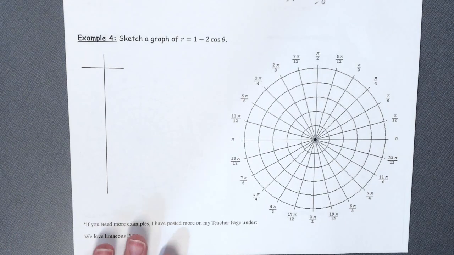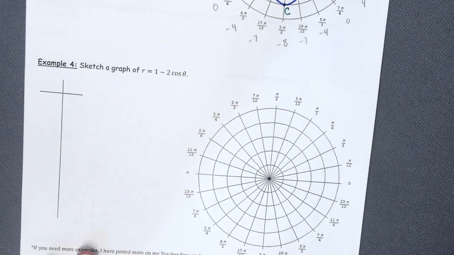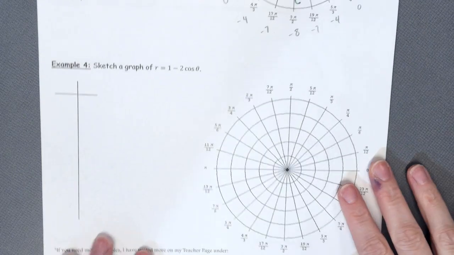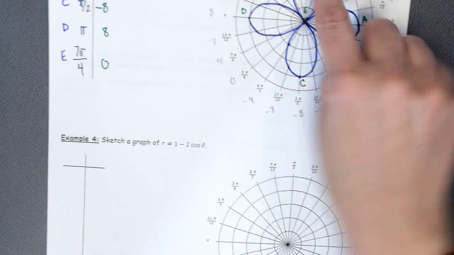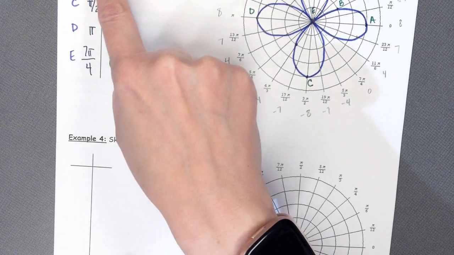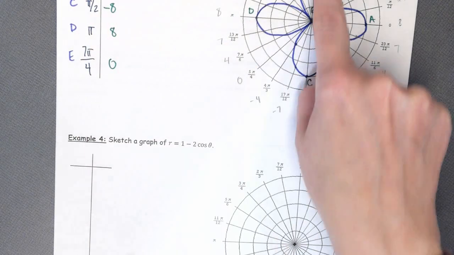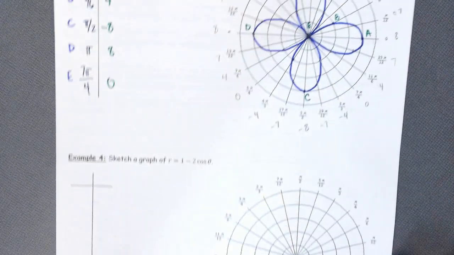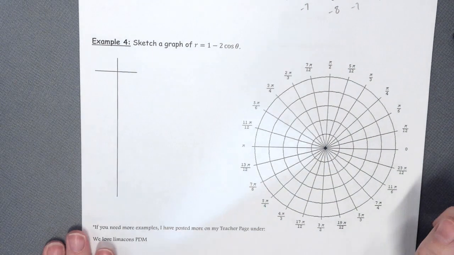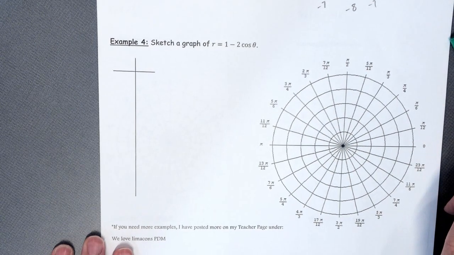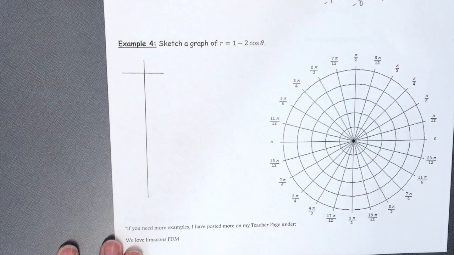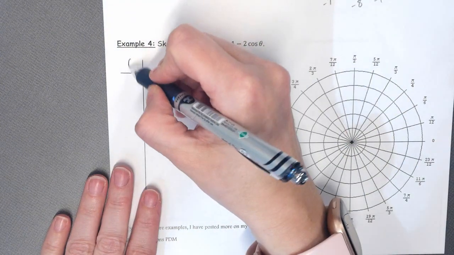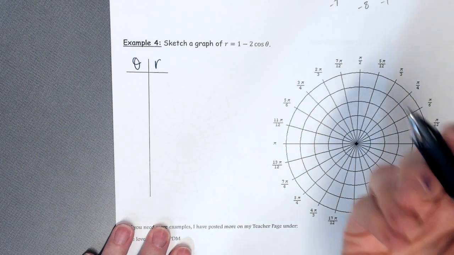And that way I don't have to look back and forth. If you guys are better at that, you don't have to do that. I just feel like it helps me. And then I also don't get mixed up when, if I were to give you the theta value, then I could see right there what it is and plug it in. Okay? So for 4, you're sketching this graph. And again, this is something that I would give you on a test. I would give you your theta values.